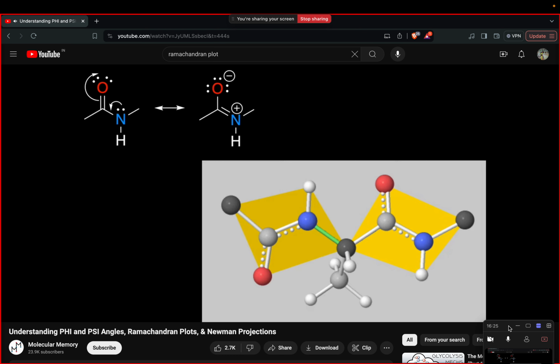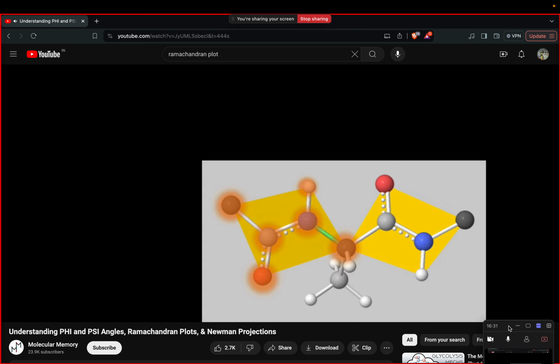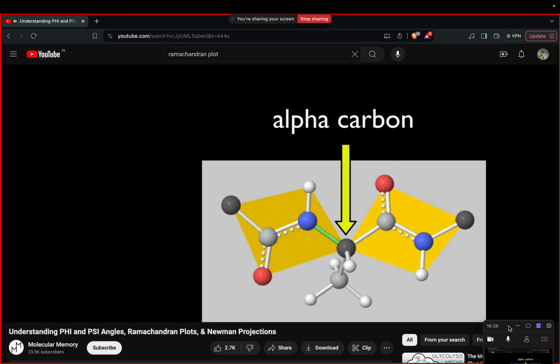So much so that the nitrogen and carbonyl group are coplanar. This puts 6 atoms in a single plane on each side of the alpha carbon. Though we don't have free rotation about amide bonds, we can rotate around each bond coming from the alpha carbon atom. Let's head over to our 3D model to explore this.